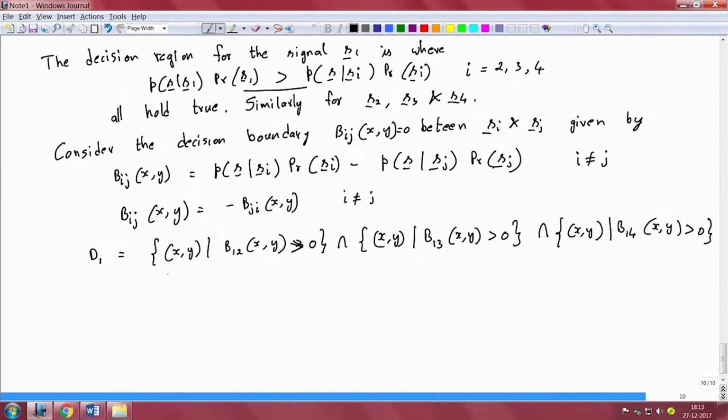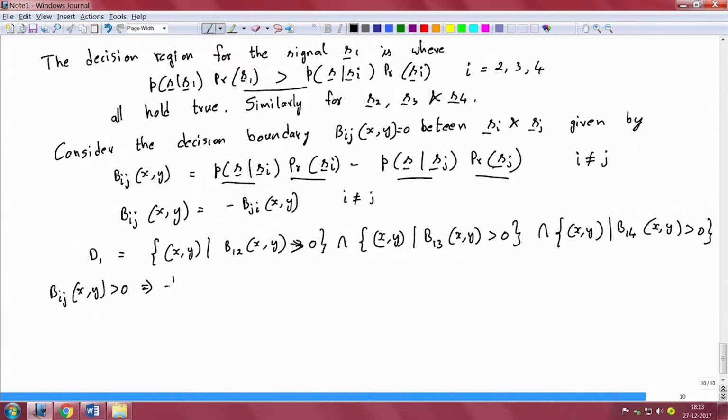Now, to conclude this part, we have to compute these decision boundaries. So, let us look at this condition Bij(x,y) is greater than 0. I substitute these terms from our earlier derivations.